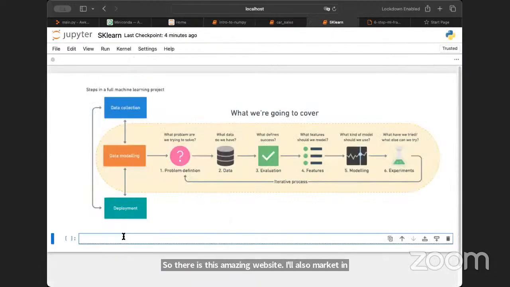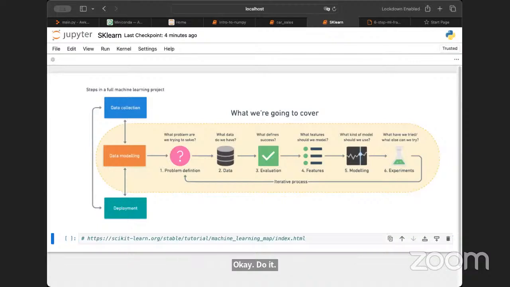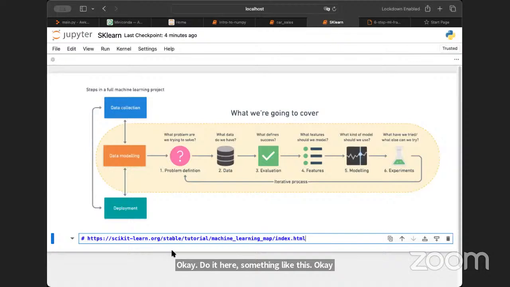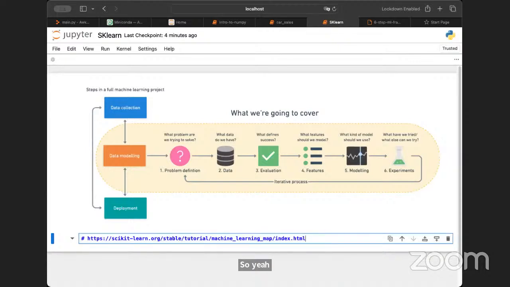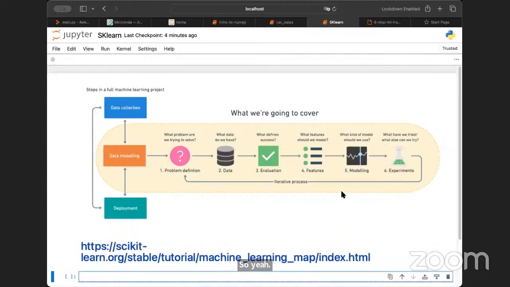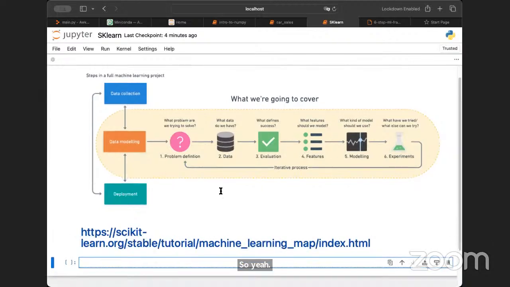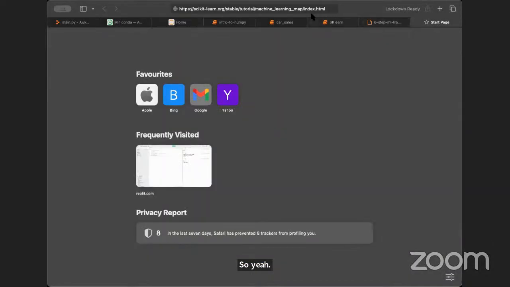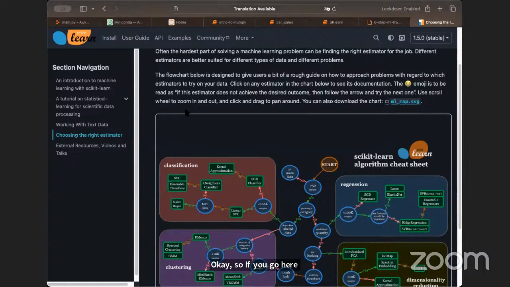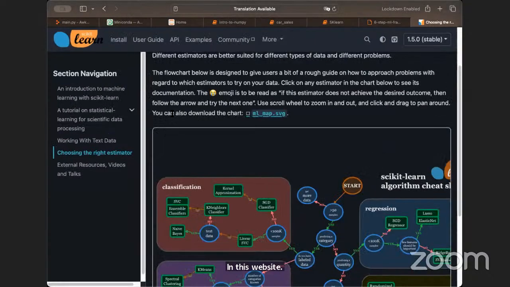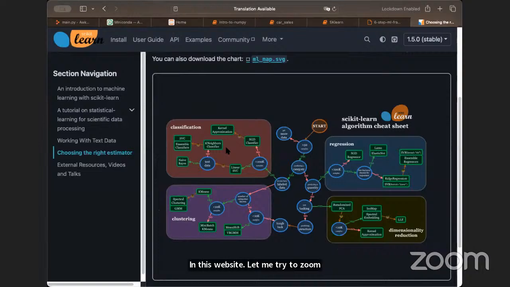Okay, if you go to this website, let me zoom in.